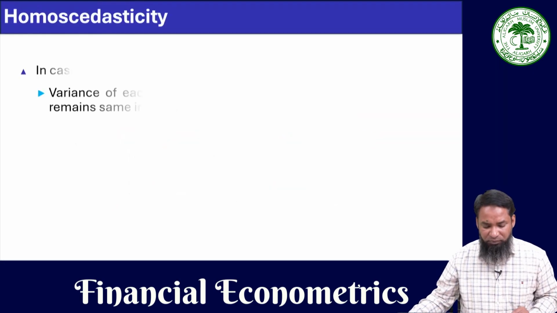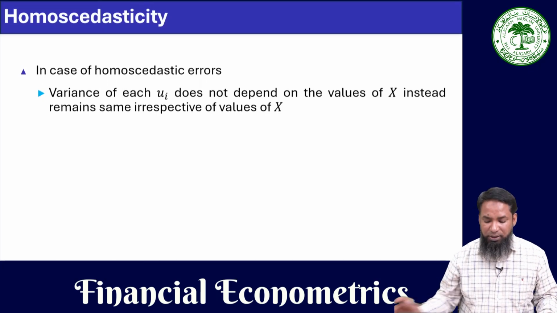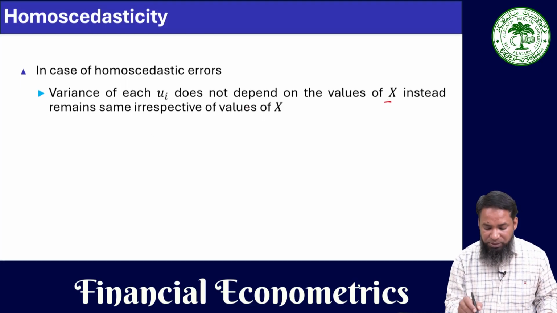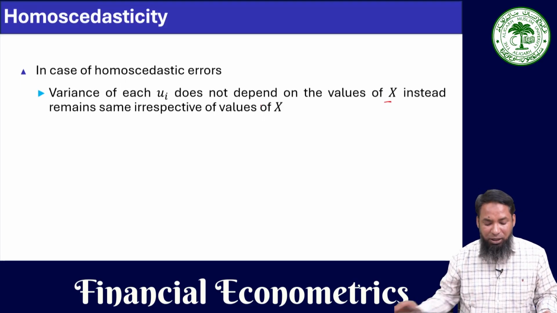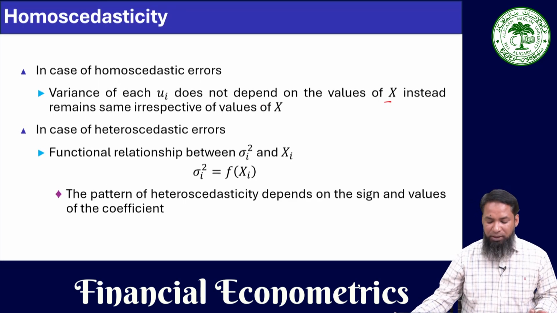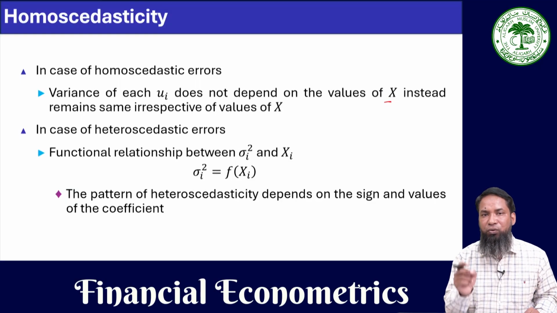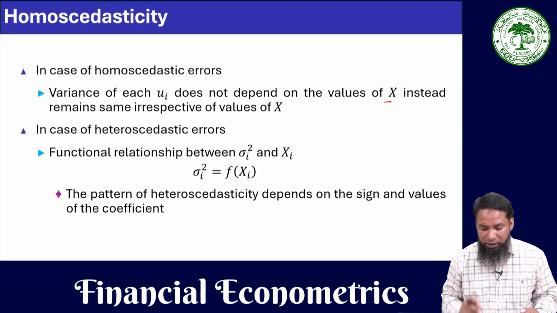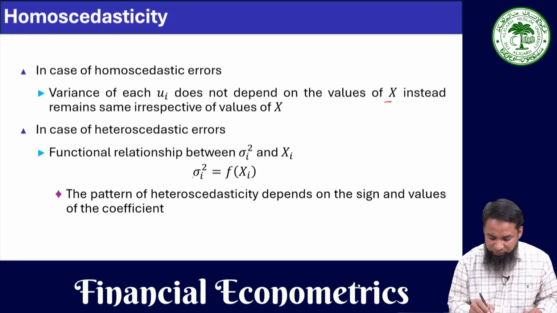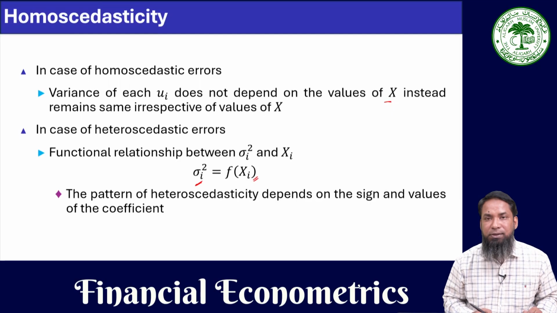So what we can observe in the case of homoscedastic error is that the variance of ui does not depend on the value of x, and instead remains the same irrespective of the values of x. However, in the case of heteroscedasticity, as the value of x changes, the variance of u also changes. That means we could write a functional relationship between the variance of ui and the values of x.